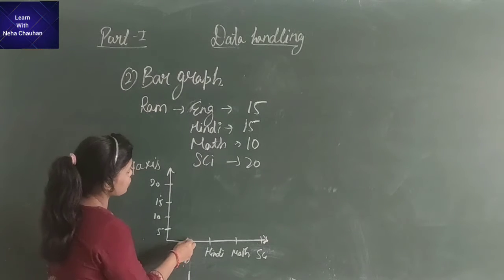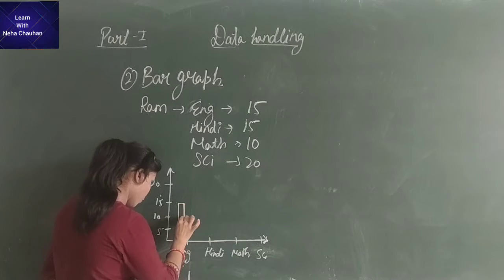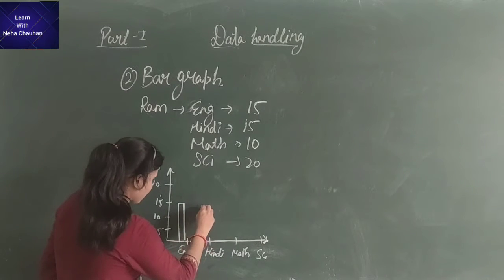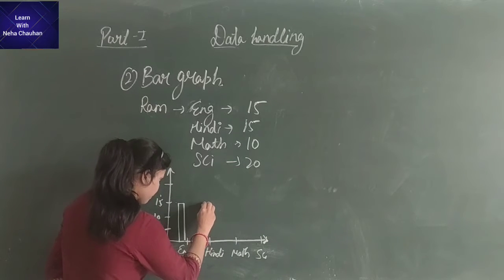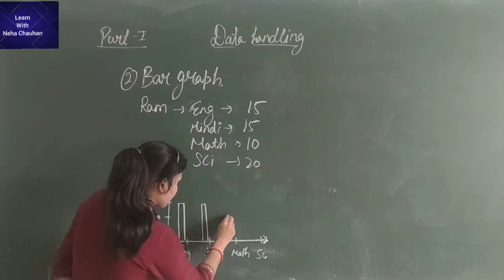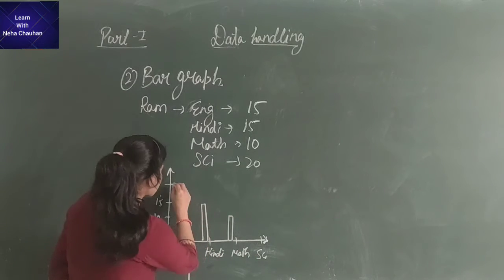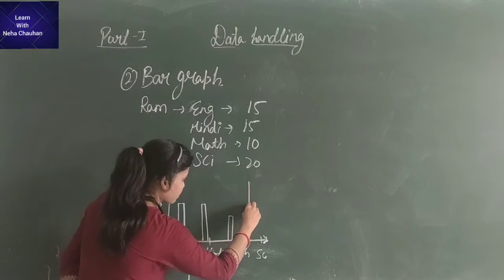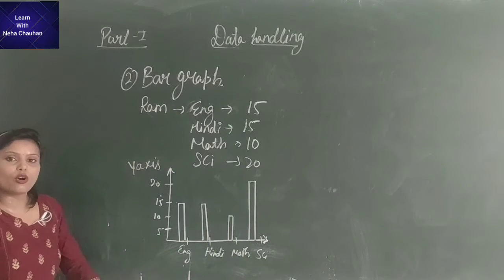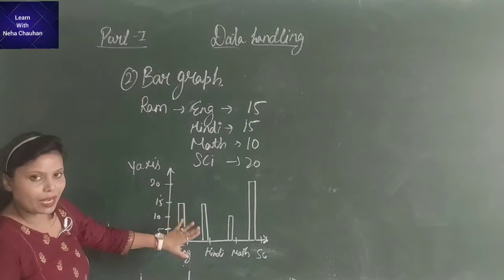So in English he got 15 marks. So this is how we represent the marks of English. Hindi got 15 marks. For Math he got 10 marks. And for Science he got 20 marks. This is how we will represent the data in form of bars.